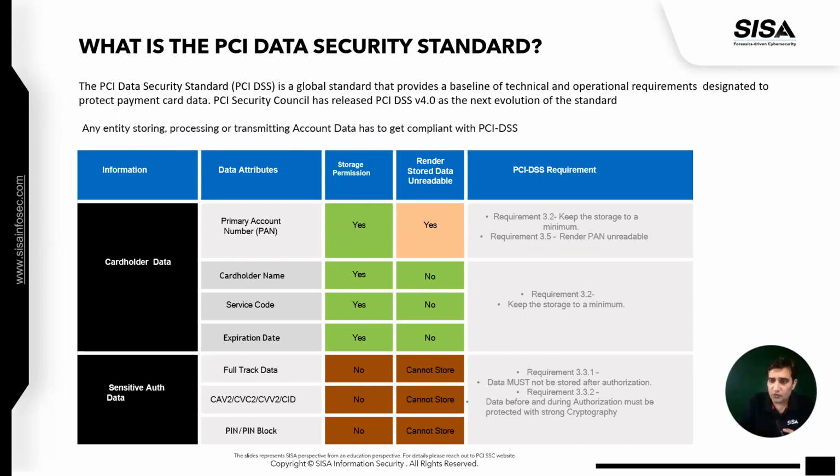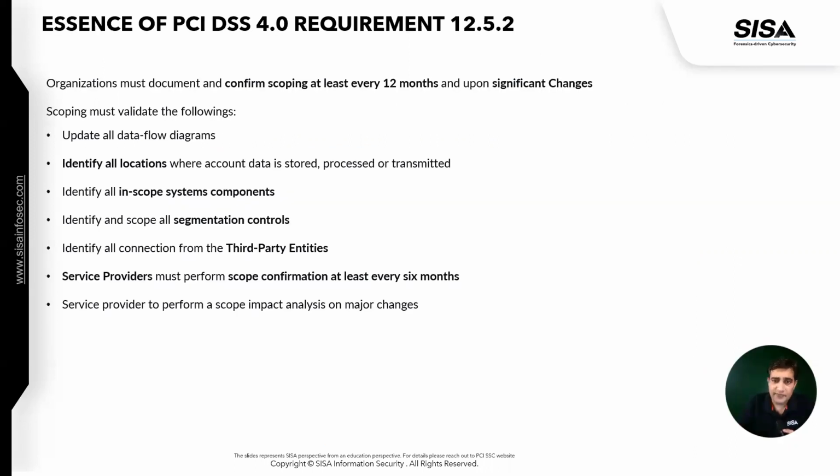As per version 4.0, as you can see, there are very specific requirements when it comes to the scoping part, because scoping can be a make or break for your PCI journey. If you're not able to scope your data better, if you're not able to scope your system components better, it is going to be a challenge forever.